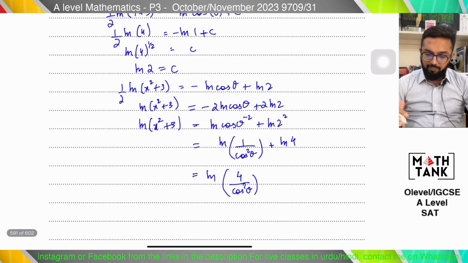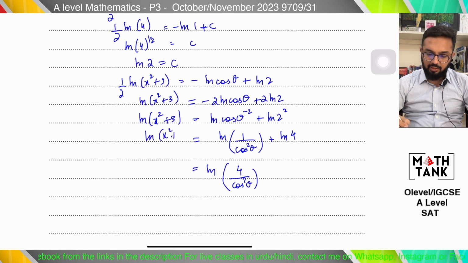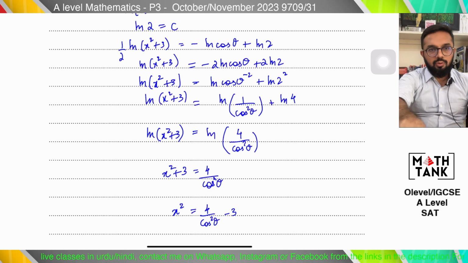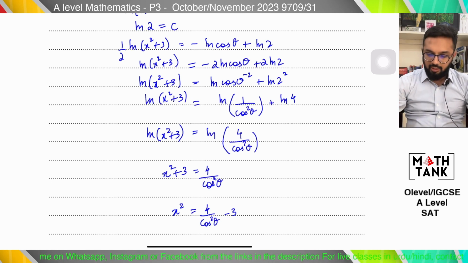I hope I'm doing this correctly. So ln x squared plus 3 equals ln 4 over cos squared theta. Okay, let's check if that is the correct answer. Yep, that is the correct answer.